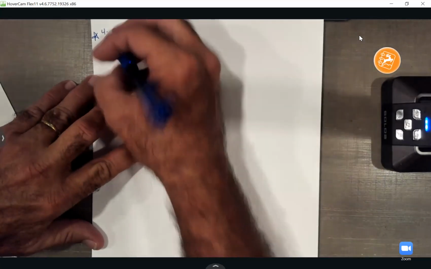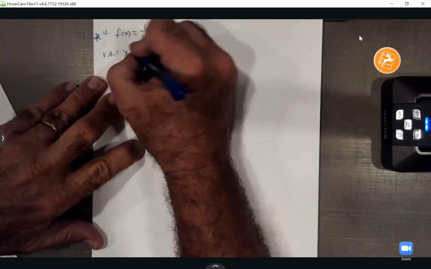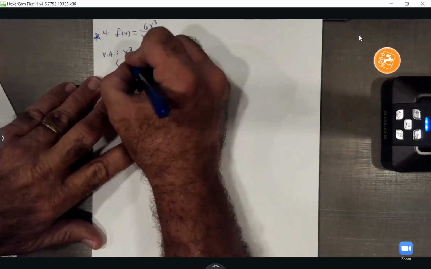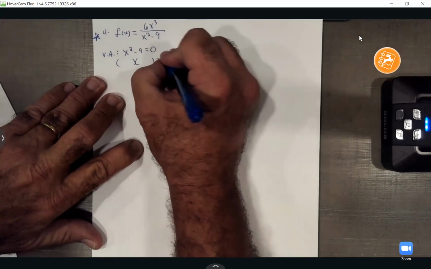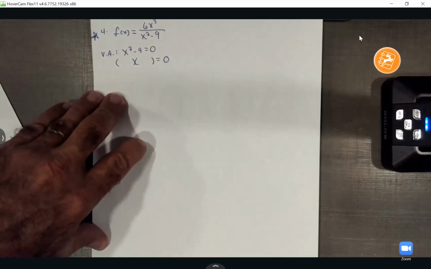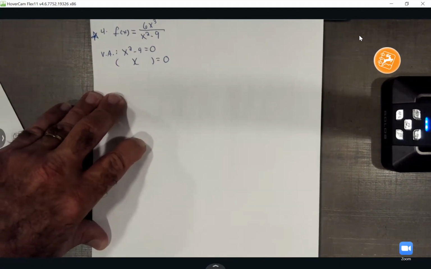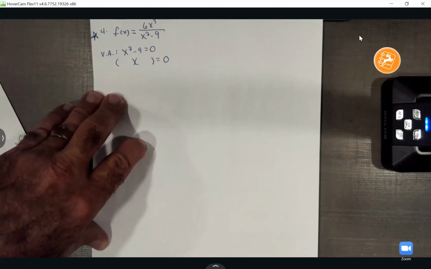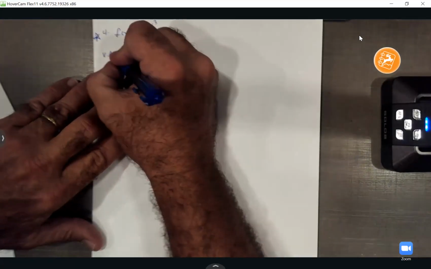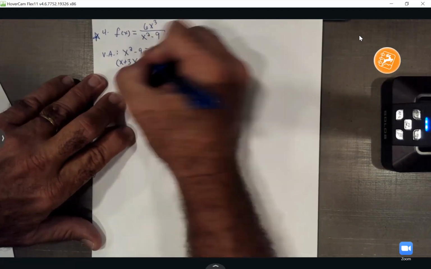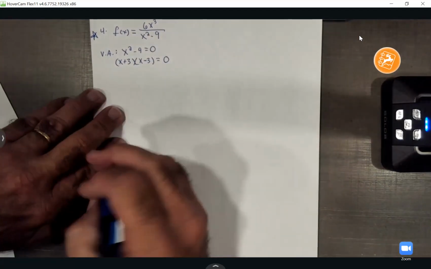Set the bottom equal to 0. All right, so let's see, what's going in those parentheses? x plus 3, x minus 3. So I guess you're my factors, ain't you?